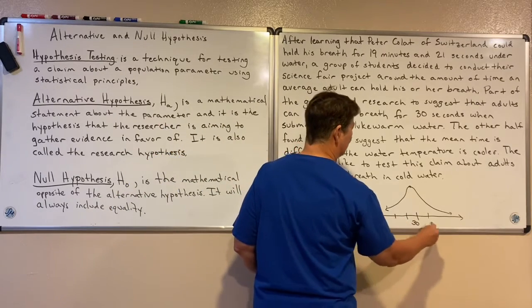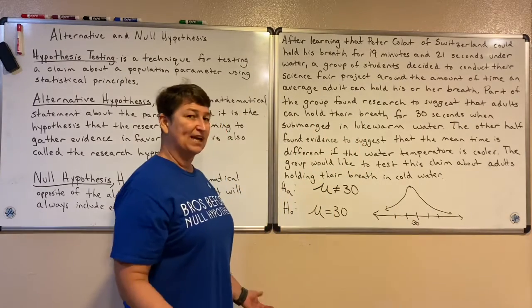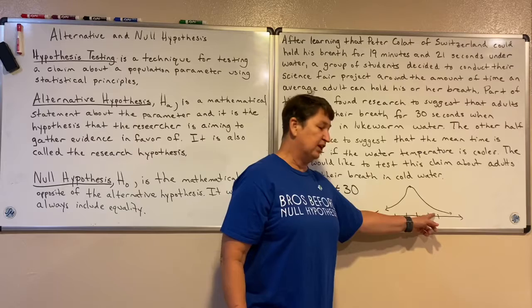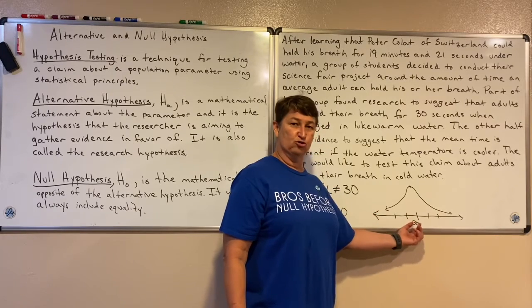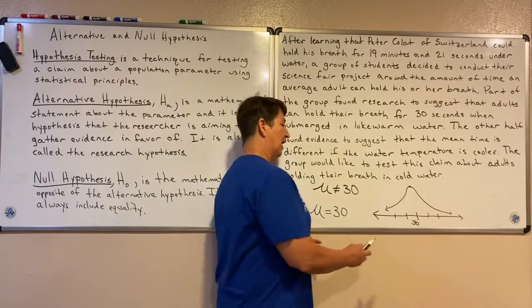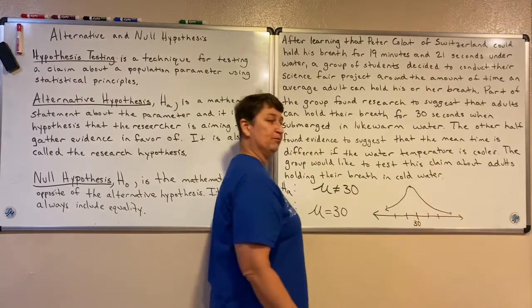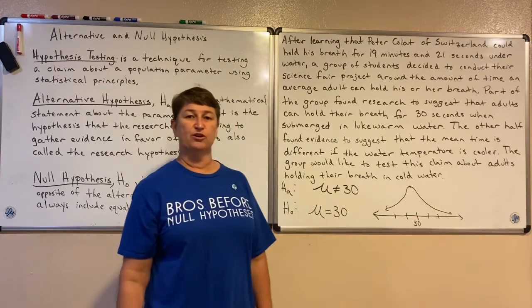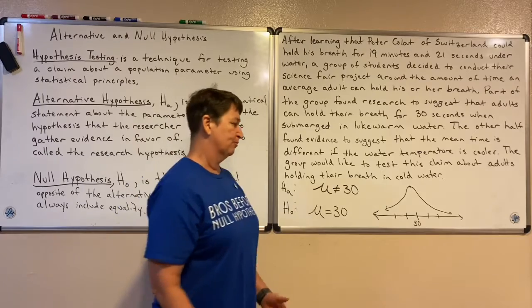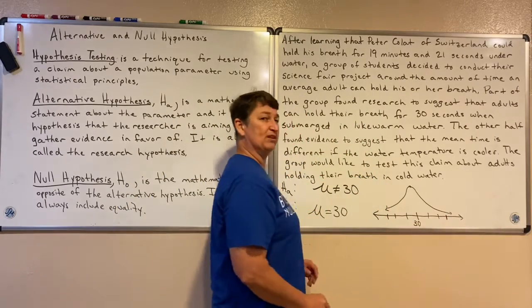Even 95% of the time, we expect it to come out 2 standard deviations. So if I get a sample mean that's somewhere out here, it doesn't show me evidence that that 30 is not true. So I wouldn't go around rejecting my null hypothesis just because I get something a little bit out here. I kind of expect that within a 95% confidence level. And then 3 standard deviations out is 99.7%.